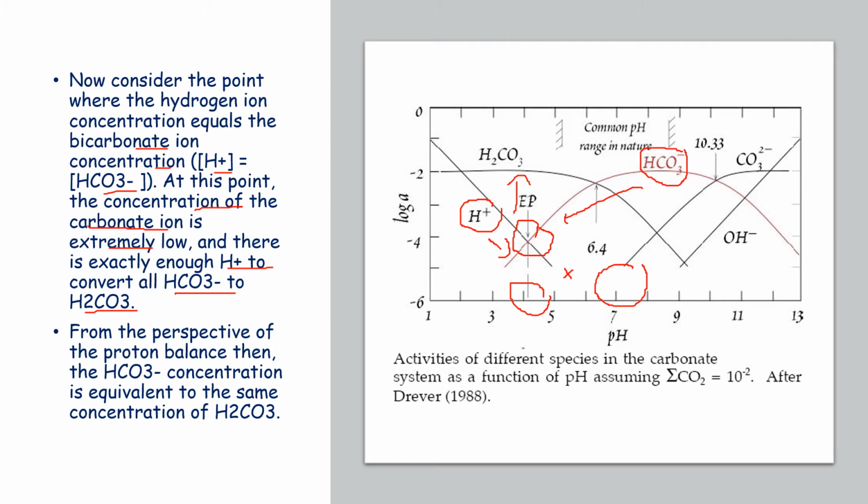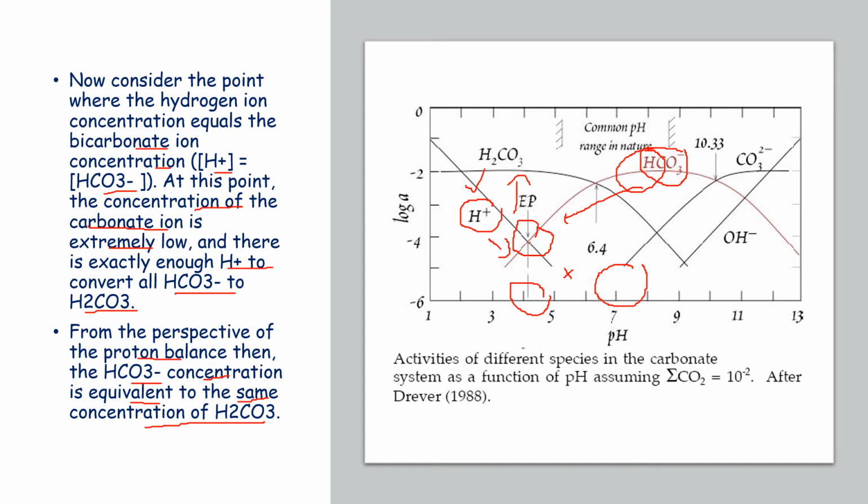Because the only difference between carbonic acid and bicarbonate is, you guessed it right, one extra hydrogen, which you have here. All right? So from the perspective of the proton balance, the bicarbonate ion concentration is equivalent to the same concentration of carbonic acid at this point.